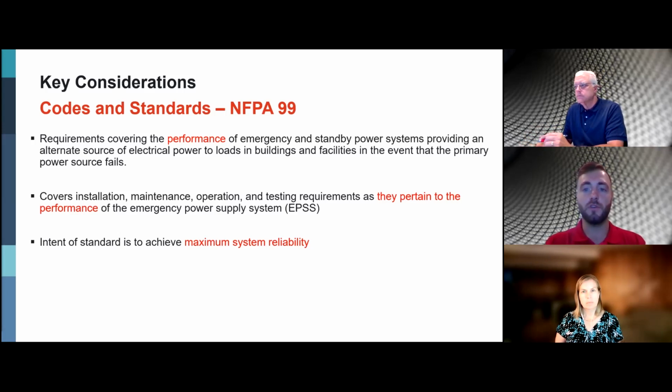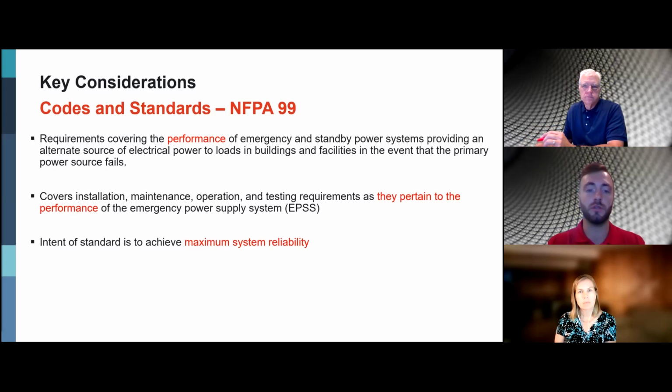Now, what does this all mean for you as a facility manager or someone taking over and looking at an emergency power supply system within a healthcare facility? That is the installation, maintenance, and operational testing guidelines, all with the intent, just like NFPA 110, to achieve maximum system reliability for your EPSS.